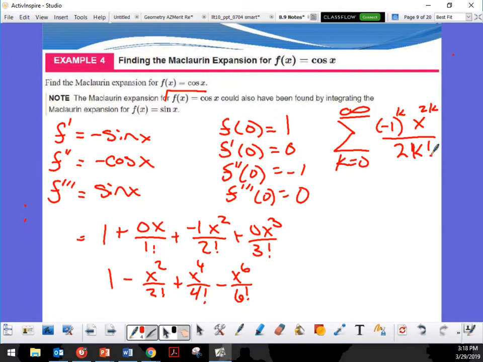And then when k equals 1, it's negative 1, x squared, and that is going to be over 2 factorial, right? So that's going to be my answer for this expansion, finding the Maclaurin expansion for this. So we found a series for that function that will converge.